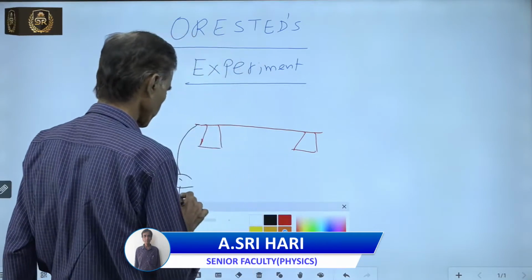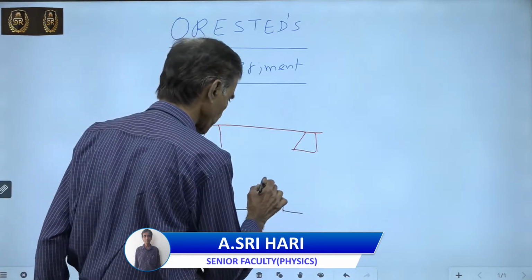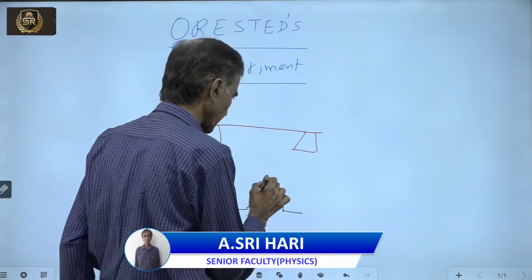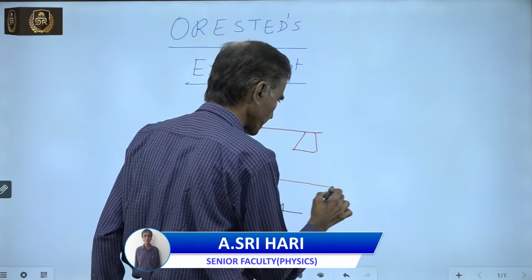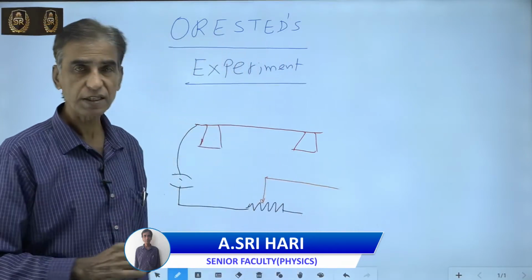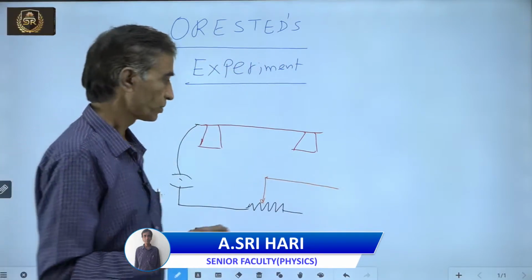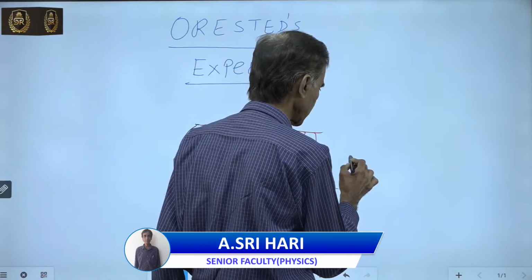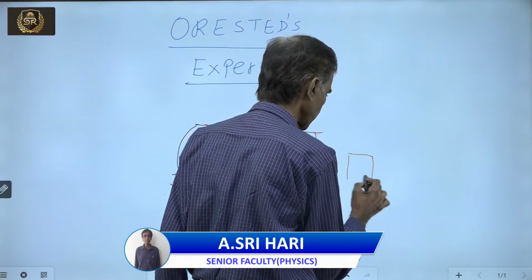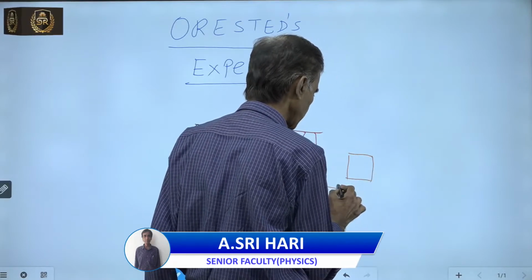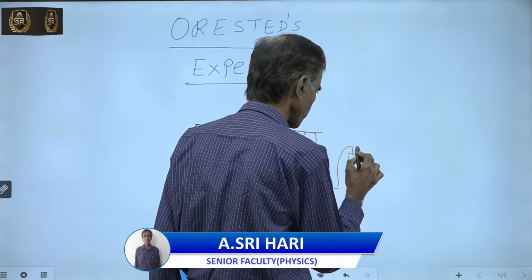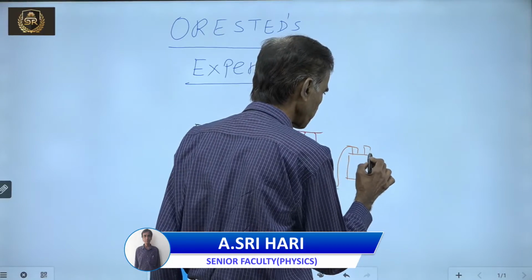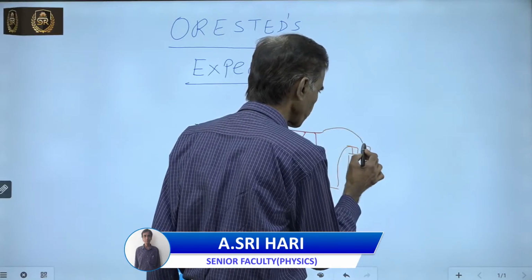Okay. So adjustable resistor, and this generally we call it as a rheostat. This adjustable resistor is called the rheostat. So that rheostat is connected to a battery here, and this battery is connected to the wire.